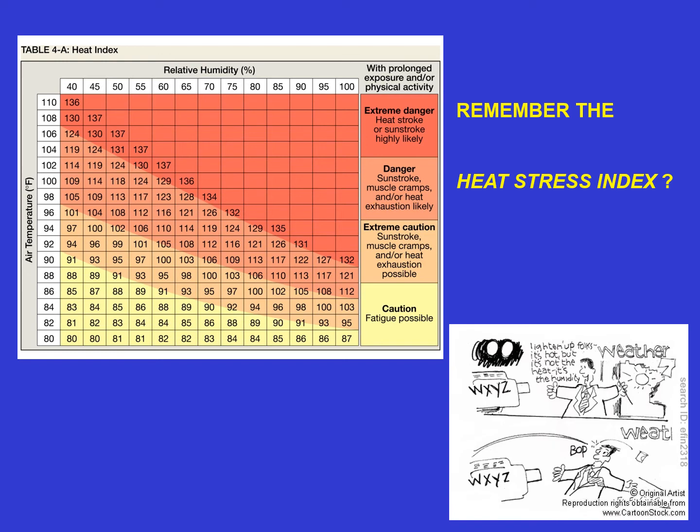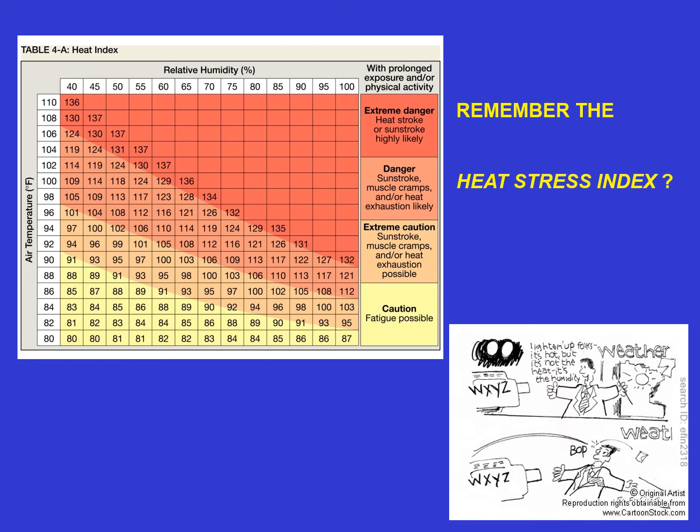Lighter orange, extreme caution, risking muscle cramps, heat exhaustion, perhaps sunstroke. In the darker orange, danger, muscle cramps, sunstroke. And then of course in the darkest orange, extreme danger and heat stroke or sunstroke are likely.